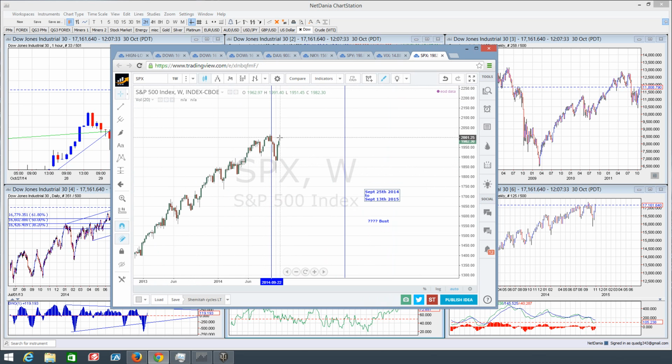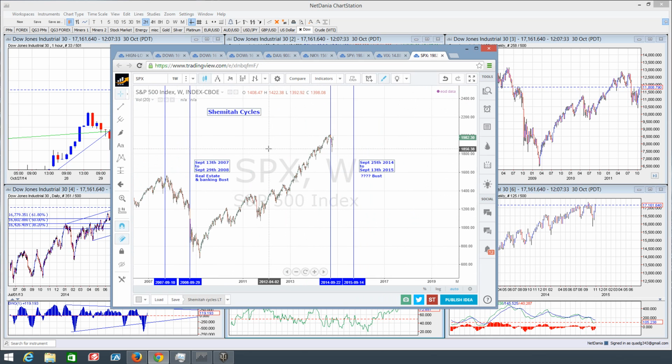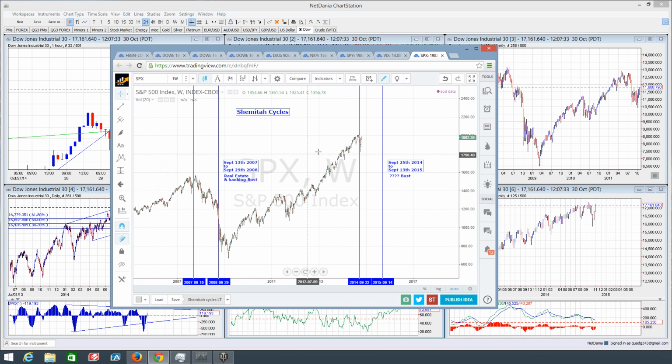Whatever the case may be, if this cycle is going to continue in the fashion that it has previously, this move from September to September 2015 should be a negative move to the downside, with September 2015 possibly culminating into a major move of some kind, very possibly to the downside, similar to what took place back here in September 2008.